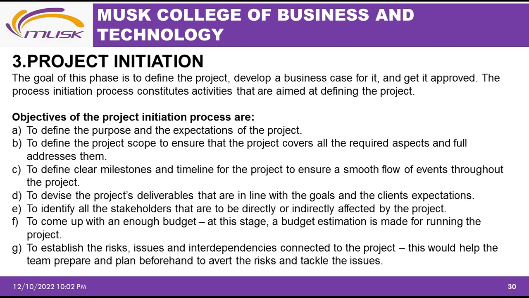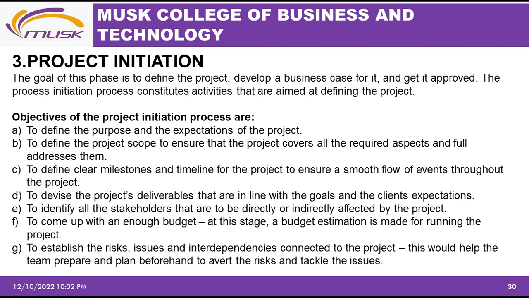Another objective of project initiation is to identify all the stakeholders that are to be directly or indirectly affected by the project. I have clarified what we mean by a stakeholder. The other one is to be able to come up with an enough budget. So at this stage, a budget estimation is made for running the project.